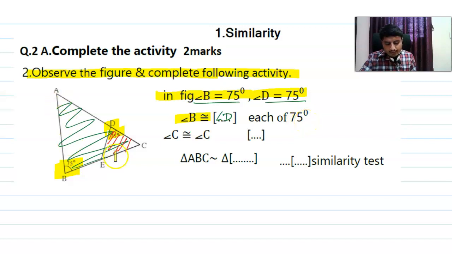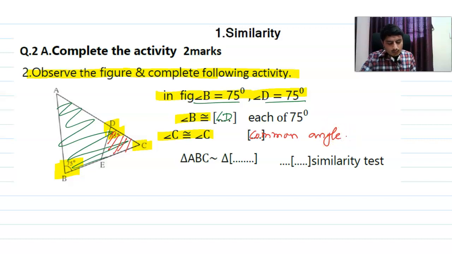Now those two triangles ABC and EDC have one common angle, that is angle C. So by the property of reflexivity under mathematics, angle C is congruent to itself, C. Why? Because the reason behind it is the common angle.